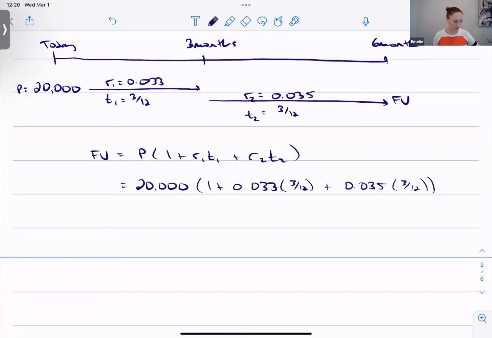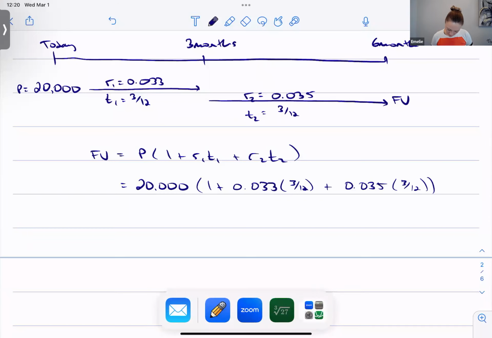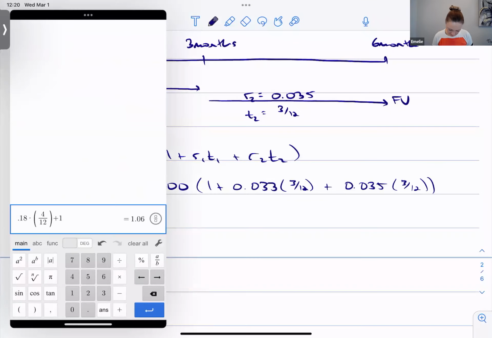Let's see here. If you're careful with your brackets, you can just do it in one line, but you have to be really careful about your brackets. Times 1 plus, and I'm going to put these in brackets, 0.033 times 3/12.